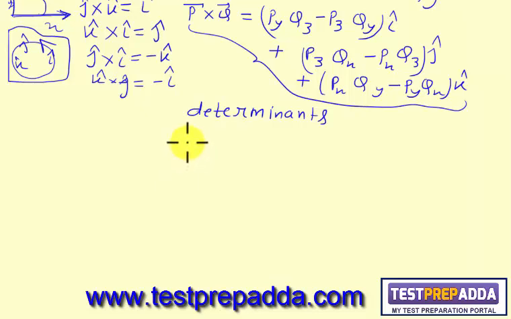Here two vertical lines, and there will be three rows, or you can say three columns.